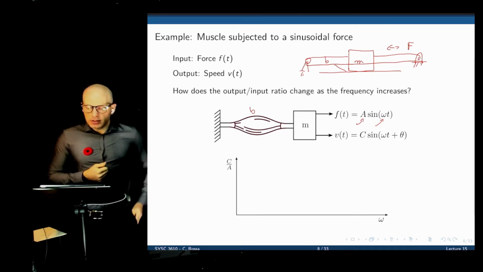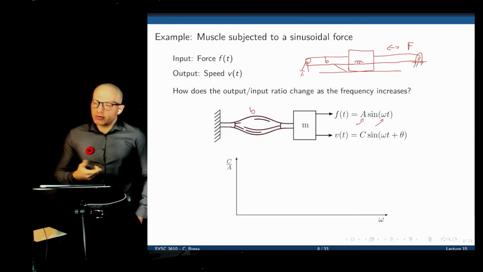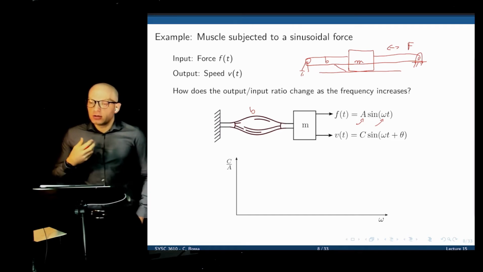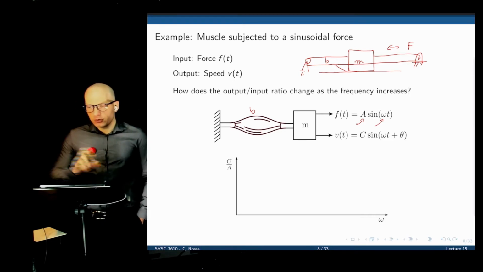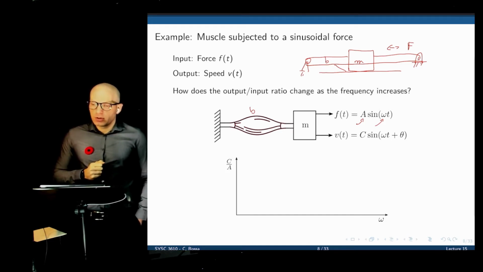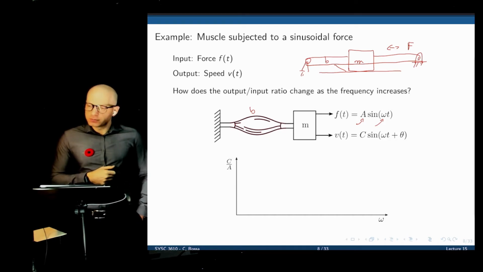You would agree with me that if we let the system run indefinitely, the speed would reach a finite steady state value. Is that clear? If we just turn the system on and apply a constant force to it, the final value of the speed is a constant value. It doesn't tend to infinity, right?